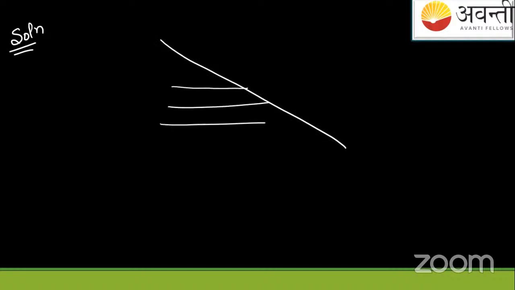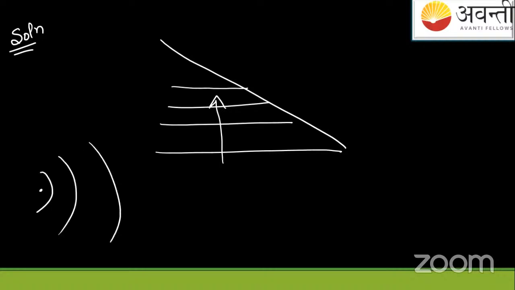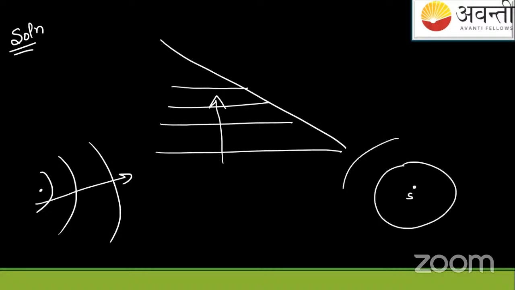Suppose you have an interface like this, and planar wavefronts are generated like this. These are the planar wavefronts moving. We know that if circular wavefronts are generated, the wave direction is along the radius of these concentric circles or spheres.